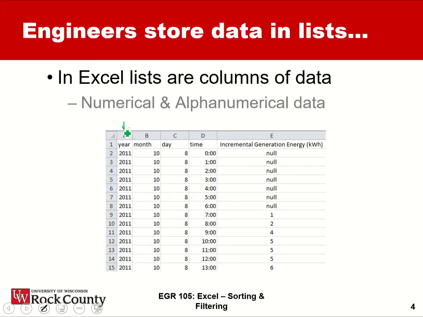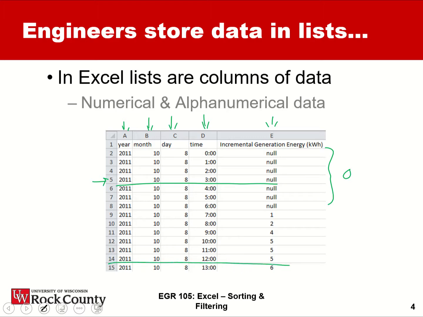It has year, month, day, and here's the time, and here's the incremental power generated. This null is essentially 0 kilowatt hours. So we could look at this data, and each one of these tells us something at this day and time, how much energy's been generated.